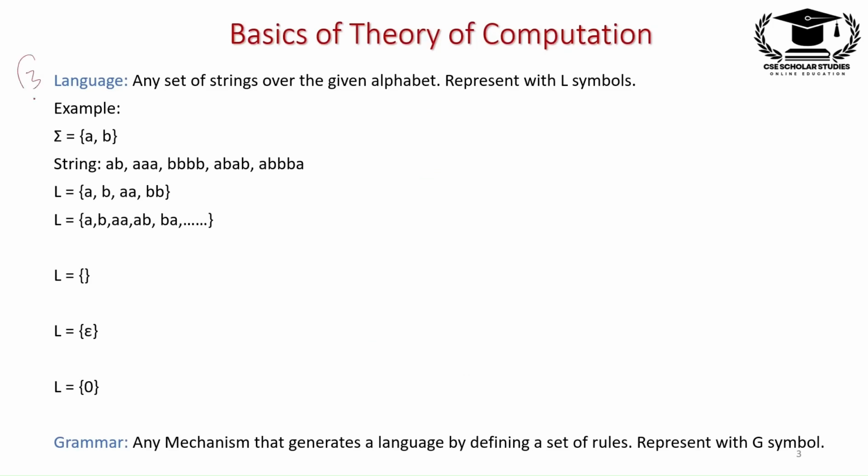The third point is a language. It is a set of strings over the given alphabet.